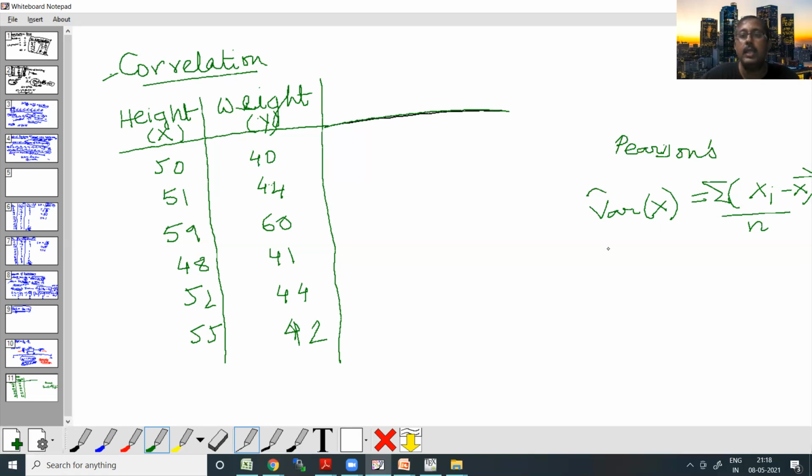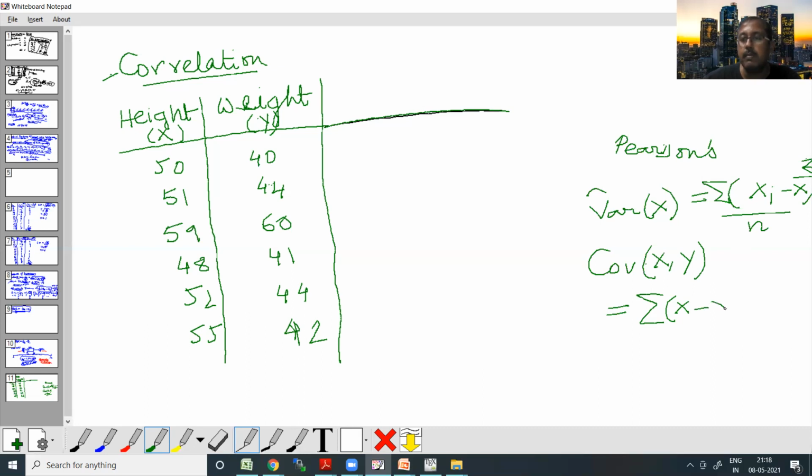Now there is one more important concept, which is covariance, or cov of x comma y. How do we measure the covariance between x and y? The formula is very simple. Sorry, this is a square, variance has a square.